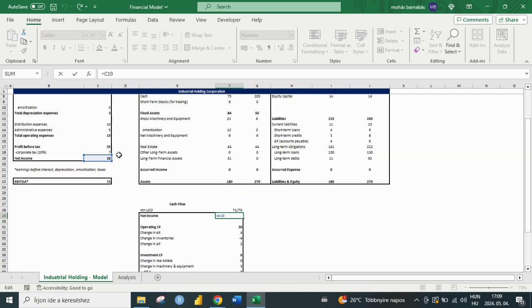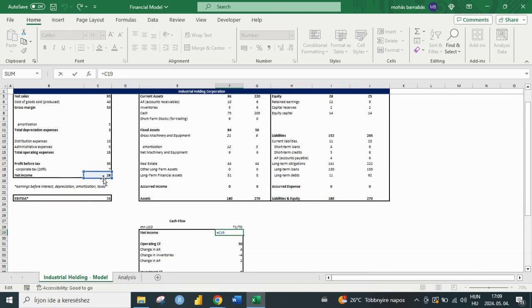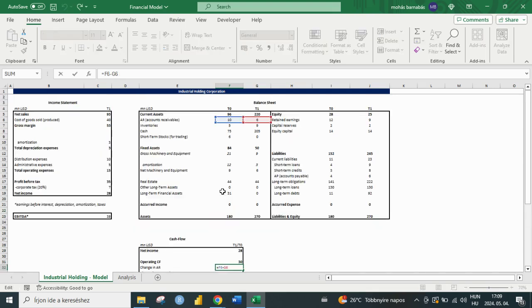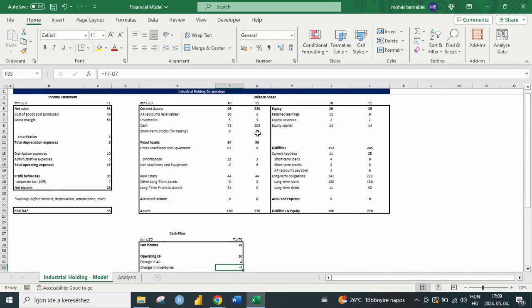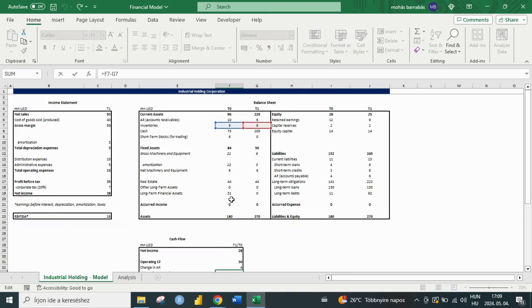So here in the first row, we just copied the net income. Basically, here you can see some cash movements, and the result was 28. Let's start now with the operating cash flows, change in AR. You can see that in the accounts receivable there is a little increase, which means that it was paid back by the client, and the change in inventories remained stable and got a little bit higher.